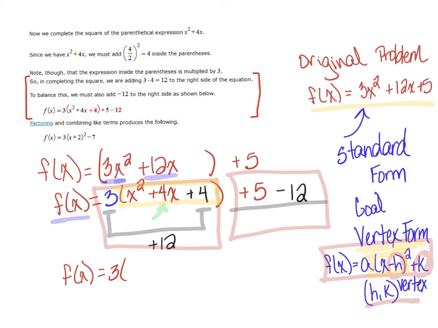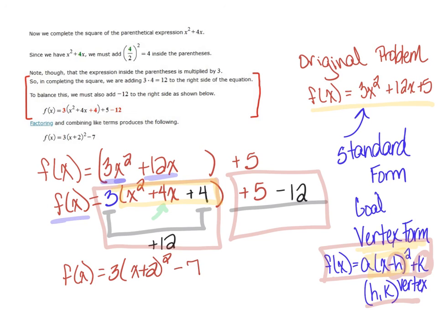So I am going to keep my 3, but then I'm going to factor my x squared plus 4x plus 4. That factors very nicely to x plus 2 squared. So if I FOILed x plus 2 squared, I'm going to get x squared plus 4x plus 4. That's where that comes from. Now, by design, I made that a perfect square trinomial so it could factor. Then outside that, I have 5 minus 12, and 5 minus 12 is negative 7.